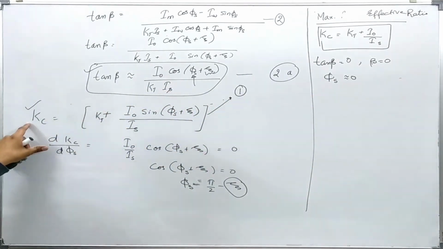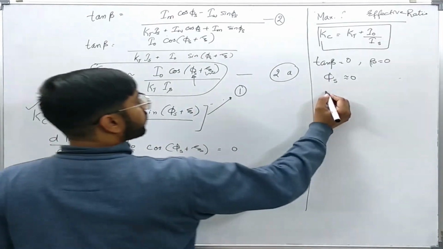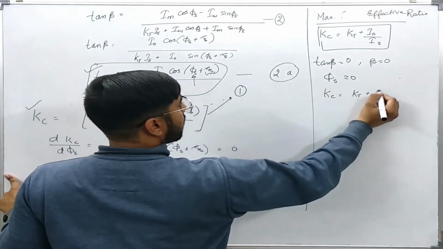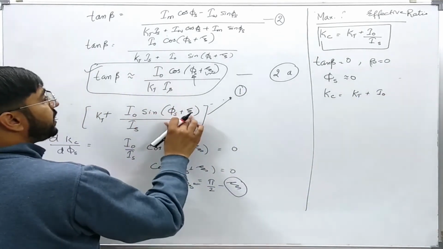We can see that Kc will be equal to Kt plus I naught sin zeta.